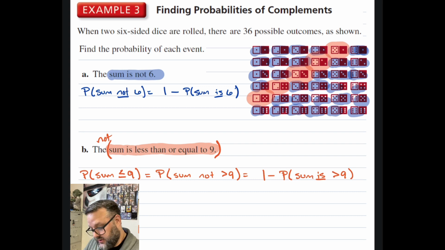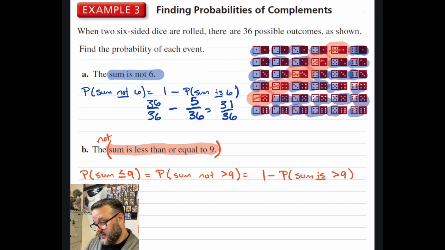We know there are 36 possible outcomes, and, color coordinated, 1, 2, 3, 4, 5, 5 of them have a sum of 6. If I take 1 minus this, that's the same as 36 over 36 minus 5 over 36, which gets us 31 over 36.